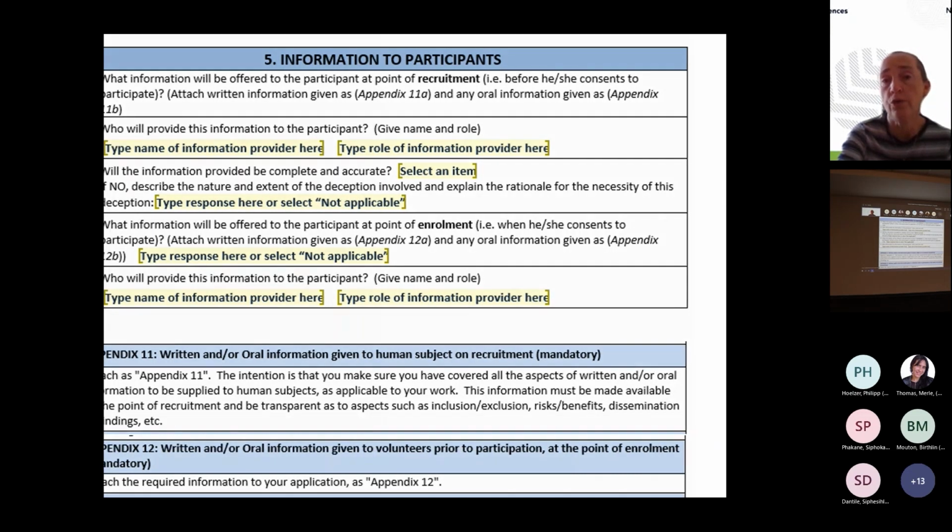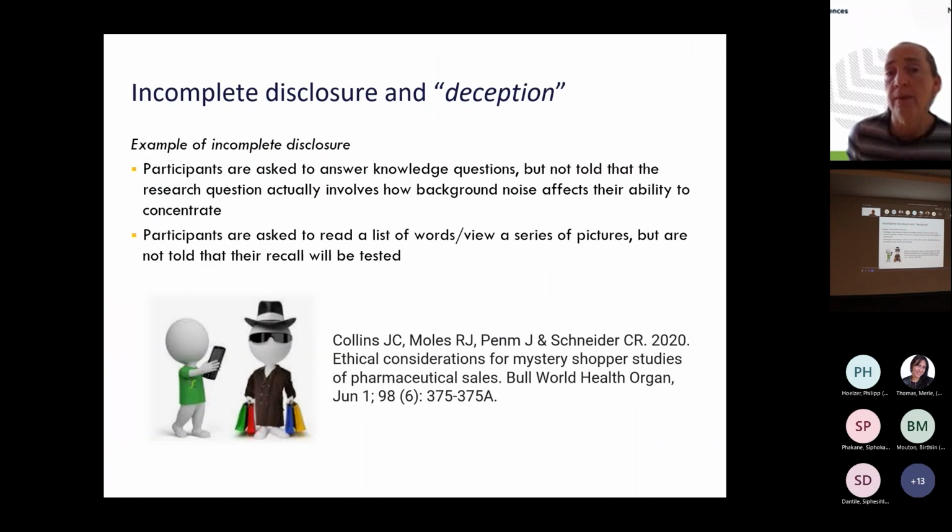Okay, I don't want to put too much emphasis on incomplete disclosure and deception. That is section C, this C that we need to answer on the ethics form. Two examples. Example of incomplete disclosure. Say, for example, participants are recruited for a study and they will be asked knowledge questions.